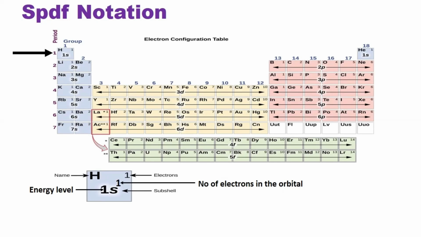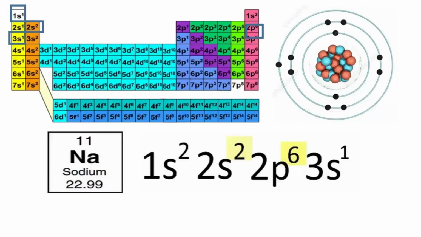Now we take another example. Alright. Let's now look at sodium. We know sodium has 11 electrons. So what is its electronic configuration?